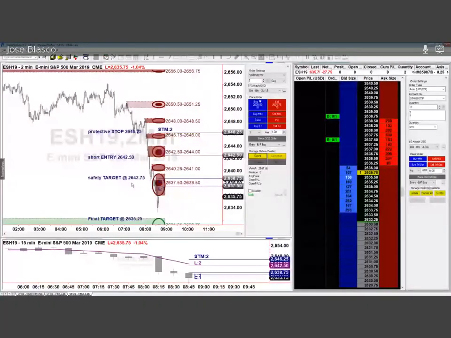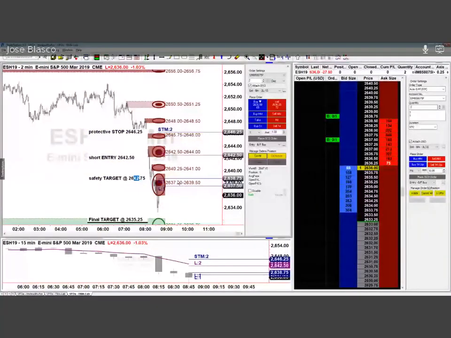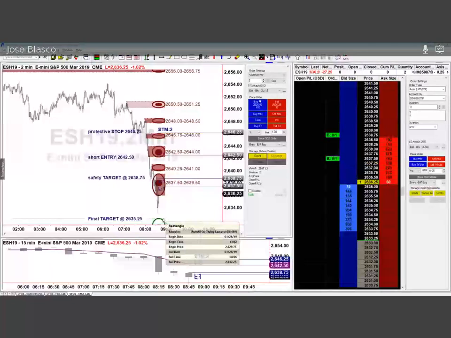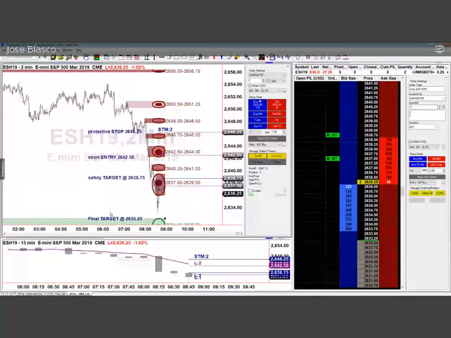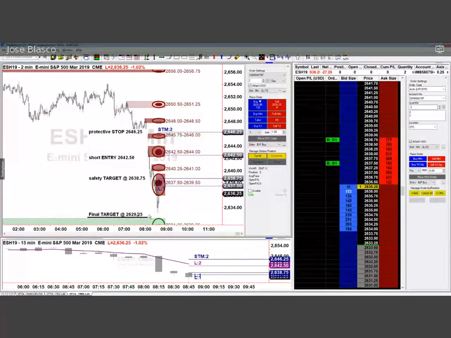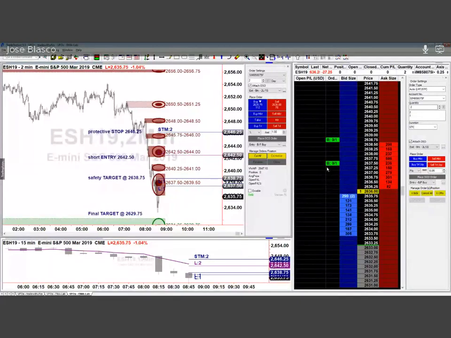Okay, at 38.75. And then my final target, I'm gonna set it right here, the next UFO, and that is 29.75. Okay, that's where we're going. So 29.75 is where we want the target to be.